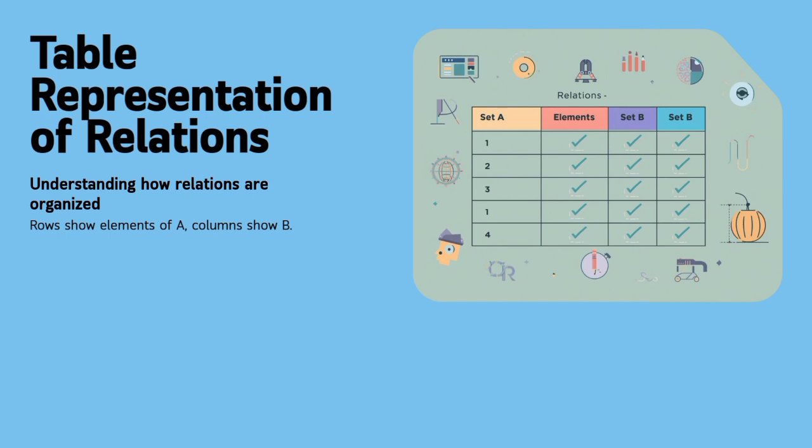For example, if 1 relates to A, we put a check mark or an X in the cell where row 1 meets column A. If 2 relates to B, we mark that cell. Tables are useful because they give us a structured overview. They are neat, organized, and easy to read, especially when dealing with larger sets.